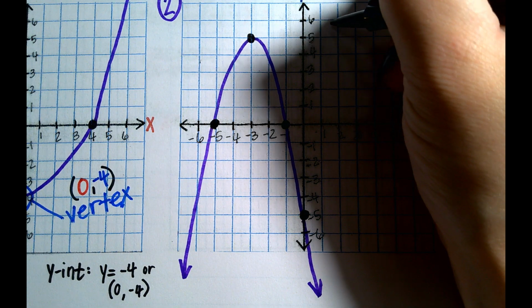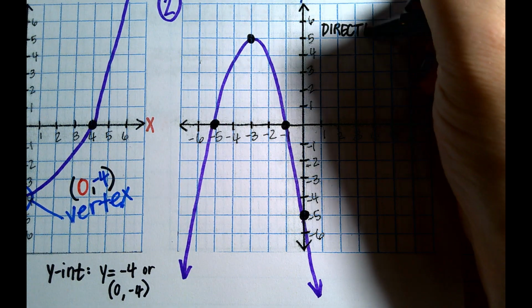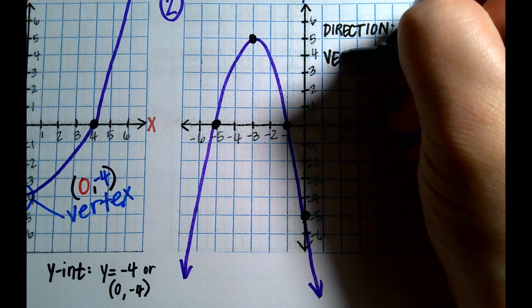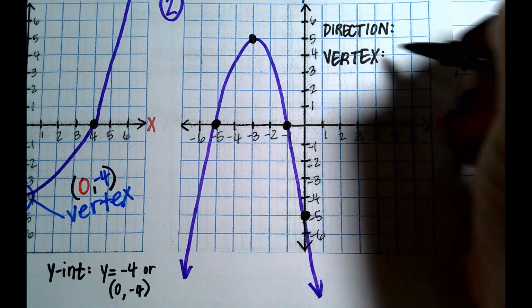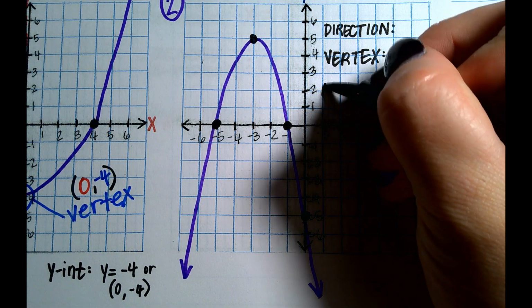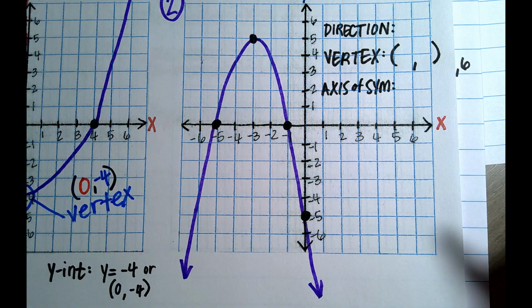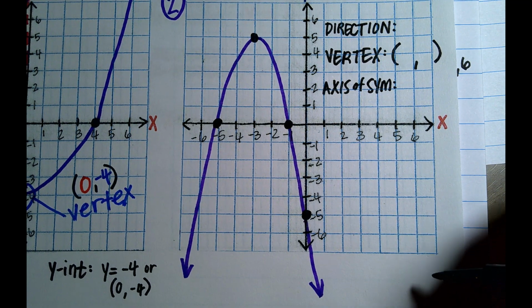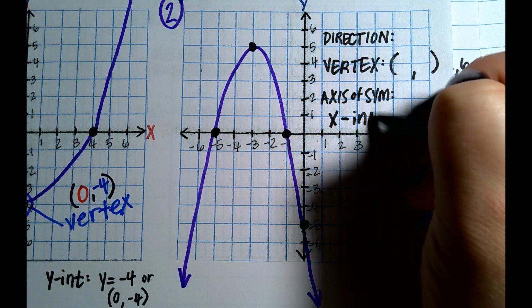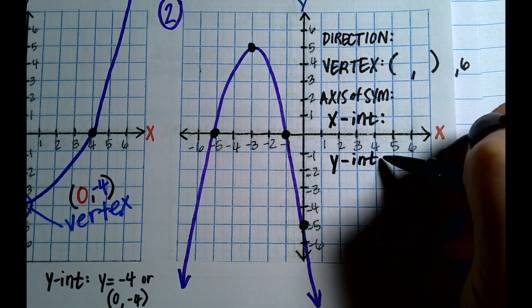Okay. And maybe I'll do some of the labels over here. Direction, vertex, axis of symmetry, x-intercepts, y-intercepts.